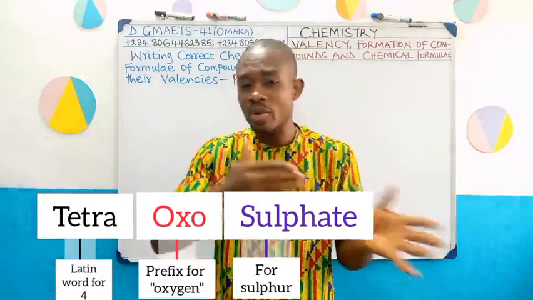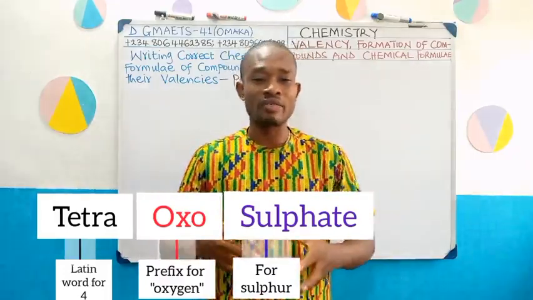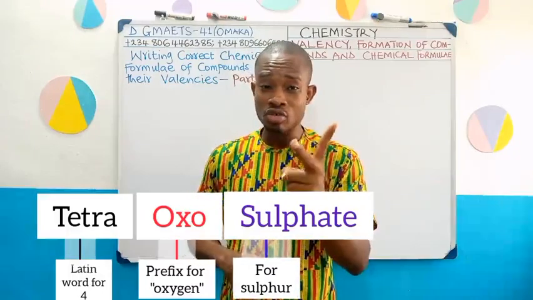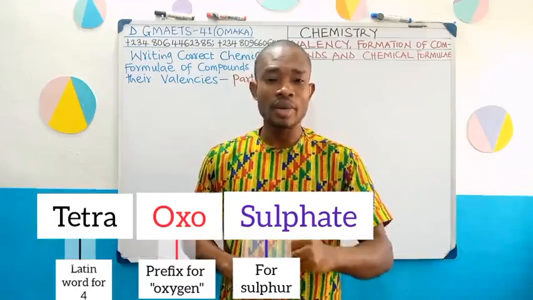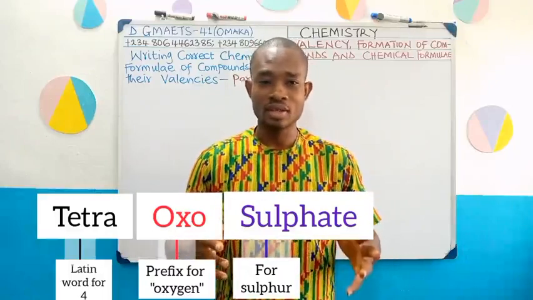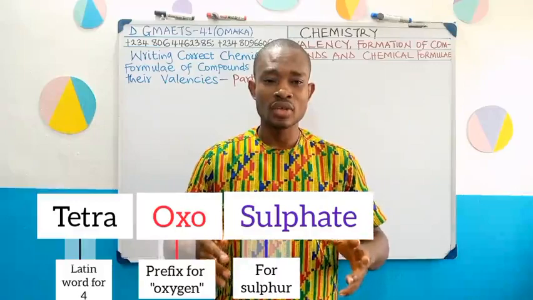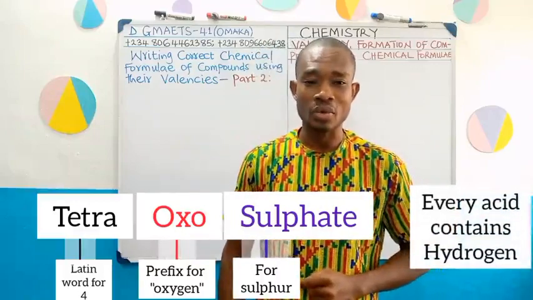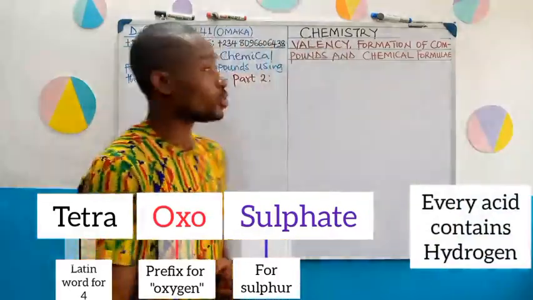Our interest now is to see how we write the correct formulae of a chemical compound. From the name here, you've heard 2 elements. What is the 3rd element? Remember, tetraoxosulfate 6 is an acid, and every acid contains hydrogen. We're going to treat that under acid, base, and salt.